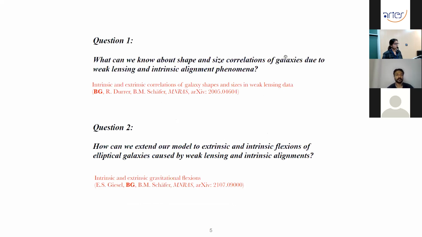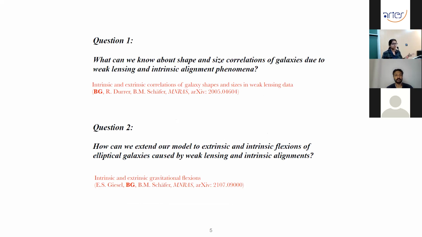In our work, I will very briefly summarize two papers that we have worked on together with collaborators from the University of Heidelberg, Germany. The first question we want to ask is: we are saying that there are certain kinds of shape and size change caused by intrinsic alignment as well as weak lensing.